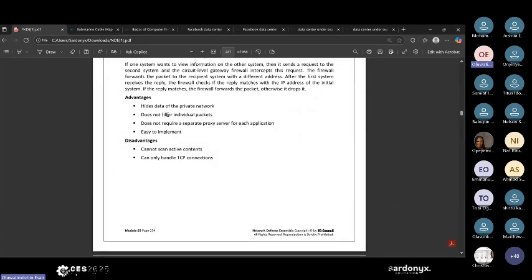It does not filter individual packets, it filters based on session. It does not require a separate proxy server for each application and is easy to implement. But one disadvantage is that it cannot scan active content and can only handle TCP connections, not UDP connections, because you have to look for a session, that's the TCP three-way handshake. So it looks at the session, the dialoguing, before you can filter packets.